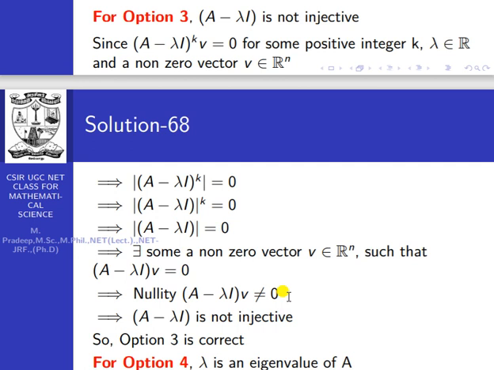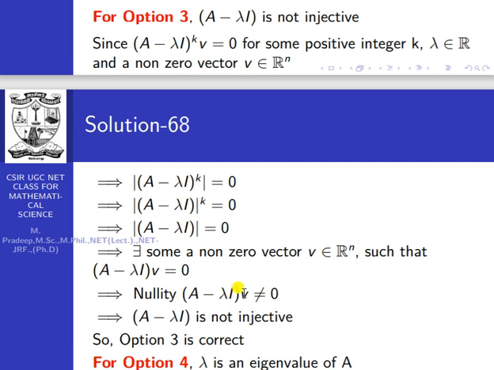Okay, so the nullity of (A minus lambda I) into v equal to 0. Here there exists some non-zero vector v satisfying (A minus lambda I) into v equal to 0, because this is the definition of eigenvector. But when you use the nullity concept, what is the conclusion?